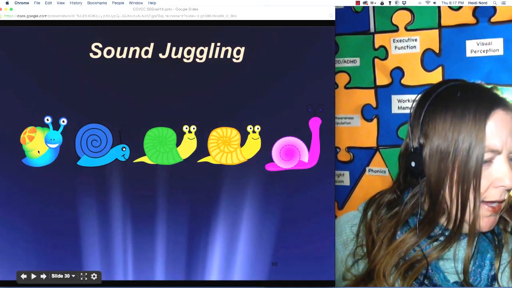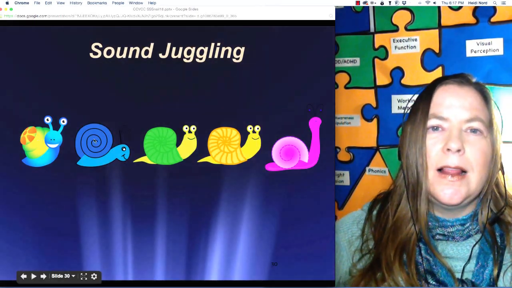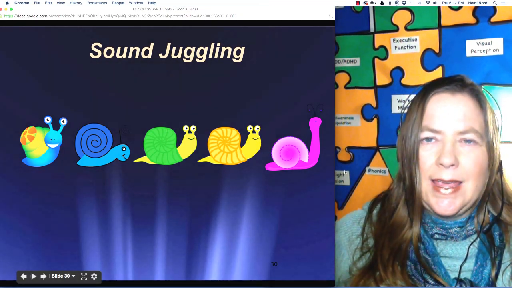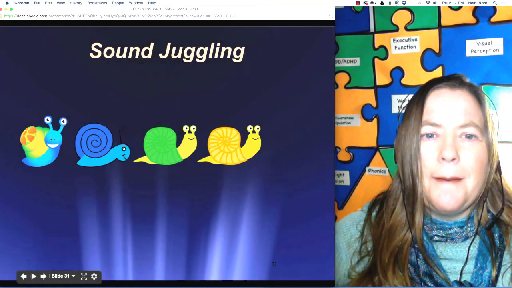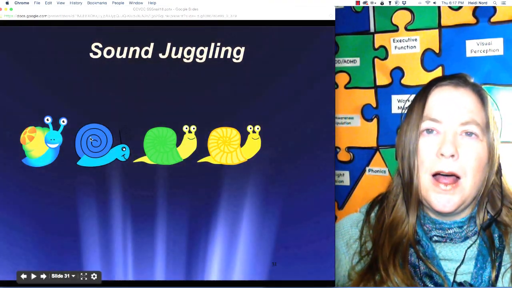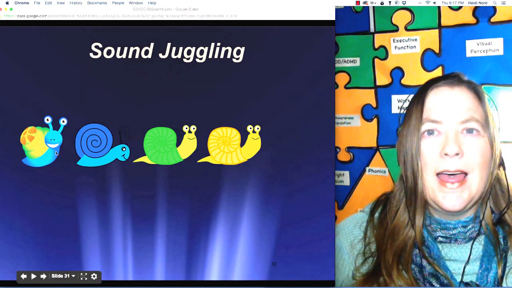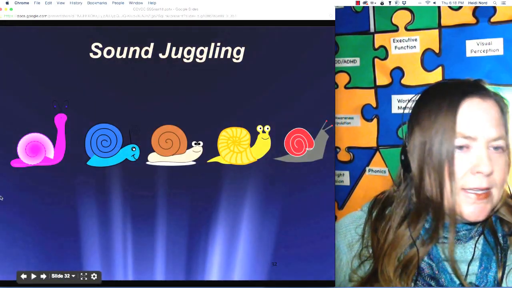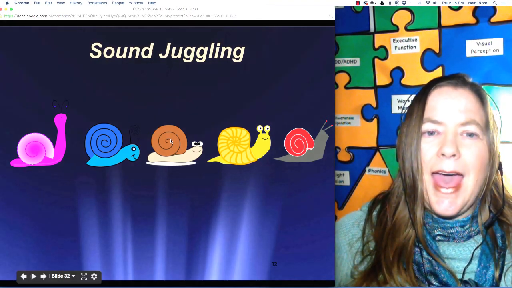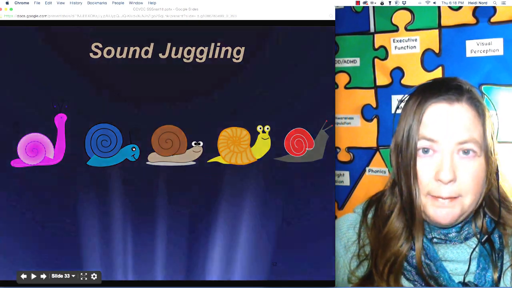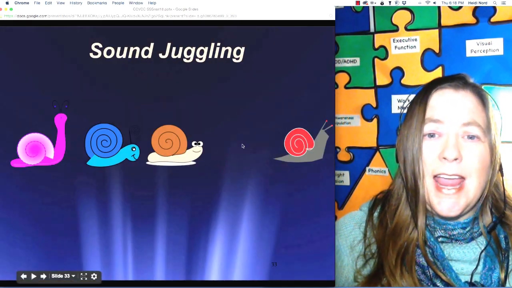The next one is plank. In plank, what happens if I take off the k? You're left with playing. This one is plant. In plant, what happens if I take off the n?